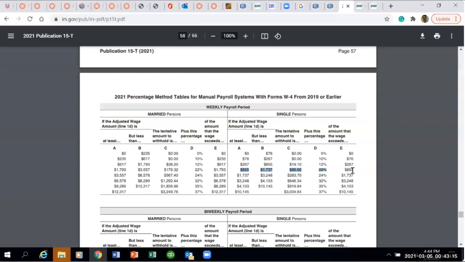Anything above the minimum. So up to 855, the tax is 89.66. But anything above 855 will get 22% charge.